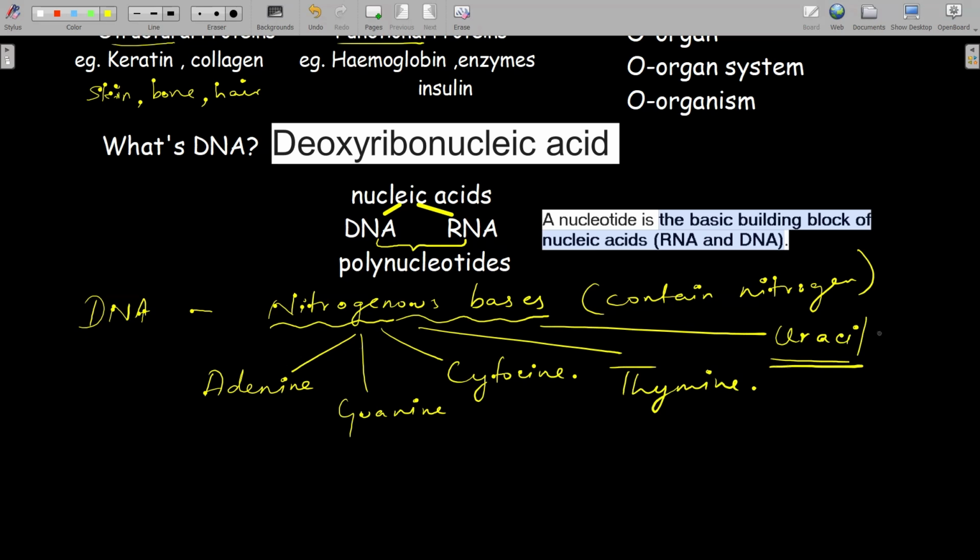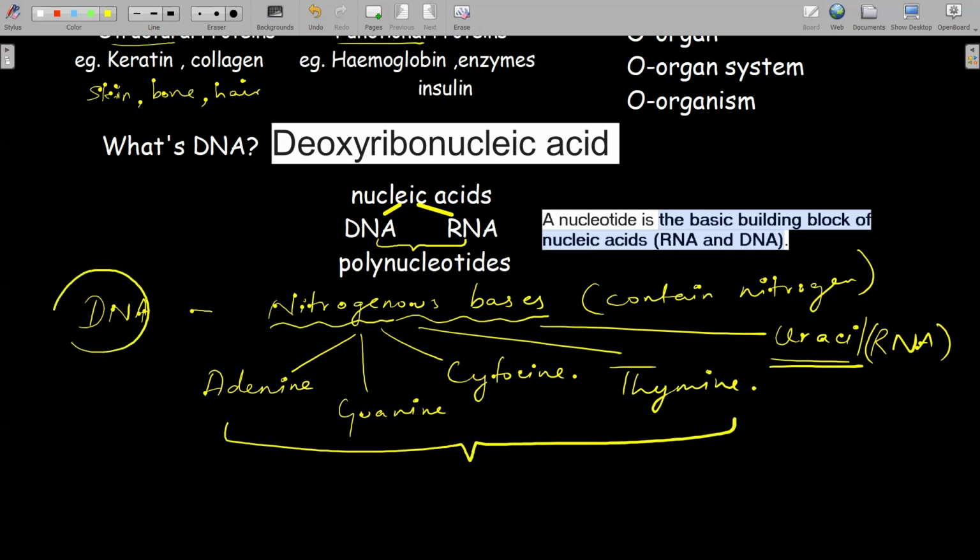It will be found exclusively in RNA. We'll learn more about it later. So remember, the nitrogenous bases are adenine, guanine, cytosine, and thymine. These four bases are found in a DNA molecule.